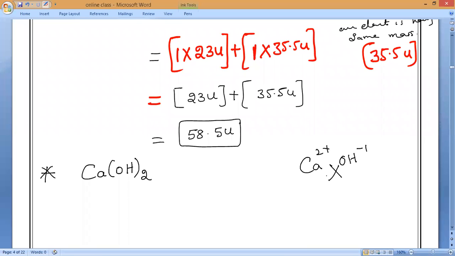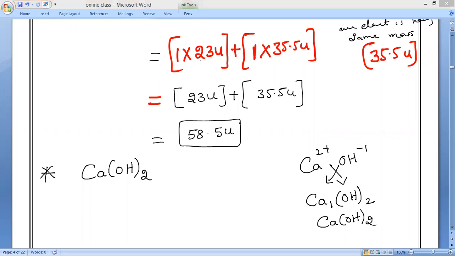If I do the crisscross method, which we studied in the last class, Ca1, OH twice will come, which indicates Ca(OH)2. Calcium hydroxide. Now let us calculate the formula unit mass of this one.